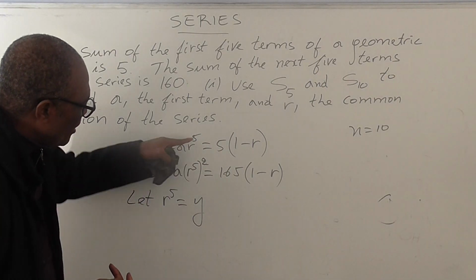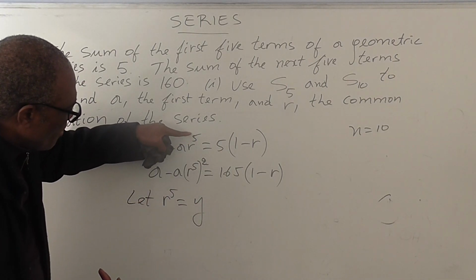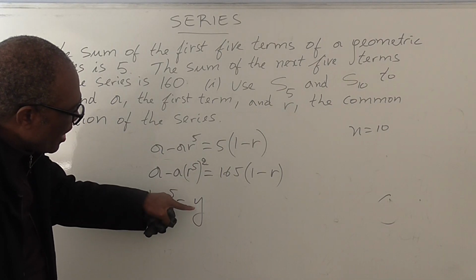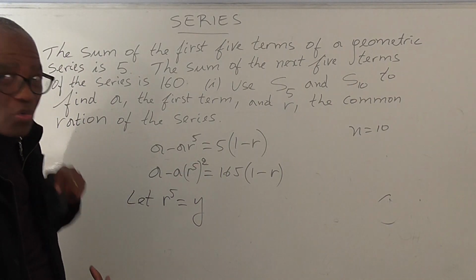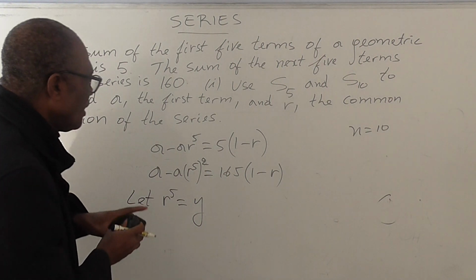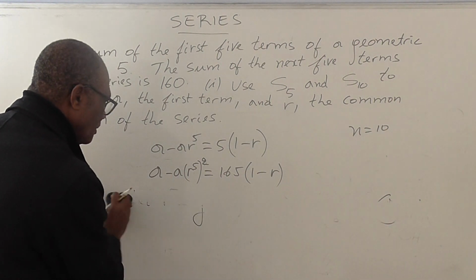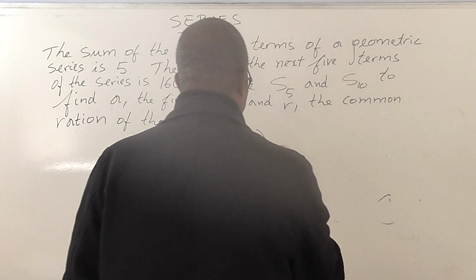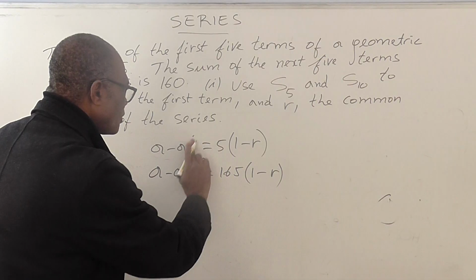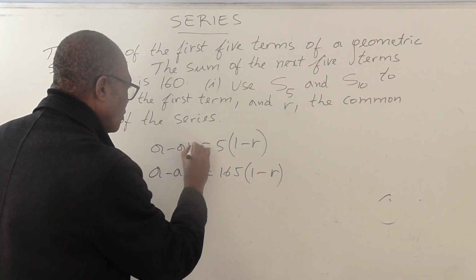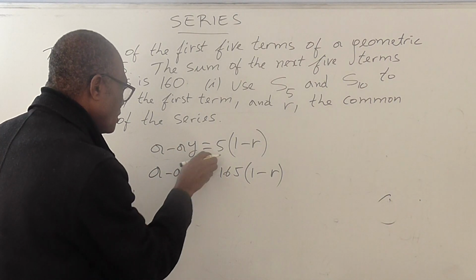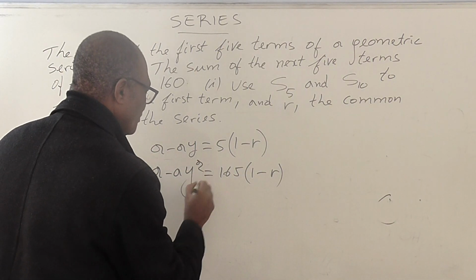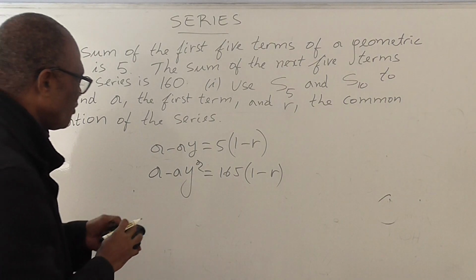So I replace R to the power 5 by y, but here it will be y squared. So if I do that, I put y, and then here I put y squared.